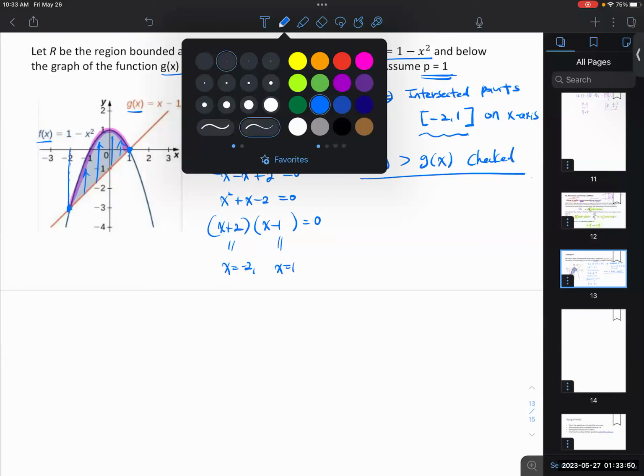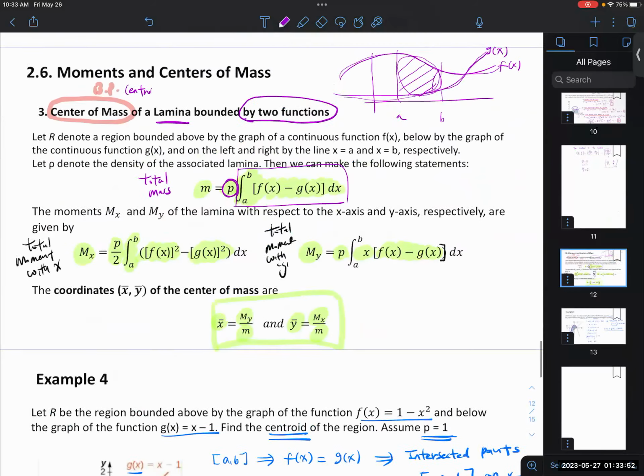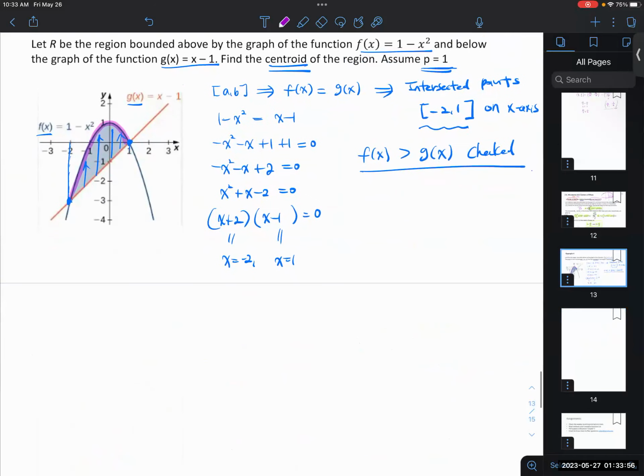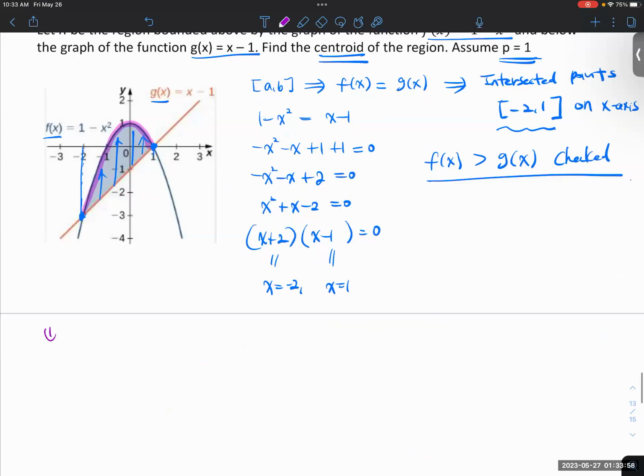I'm just gonna write everything. So we have to find first the total mass of the lamina between two functions, right?